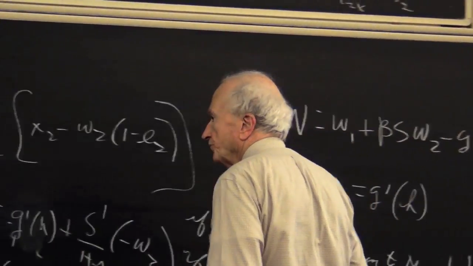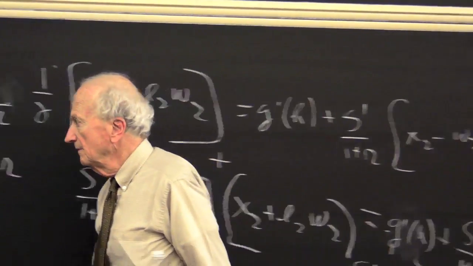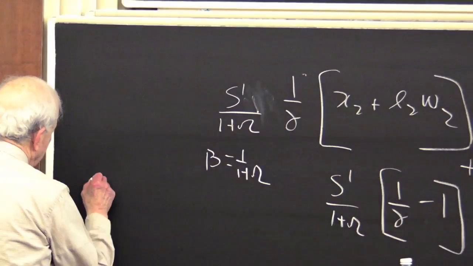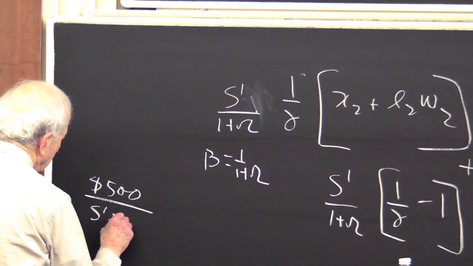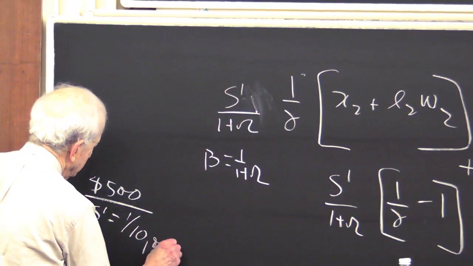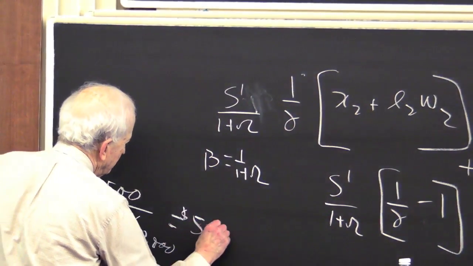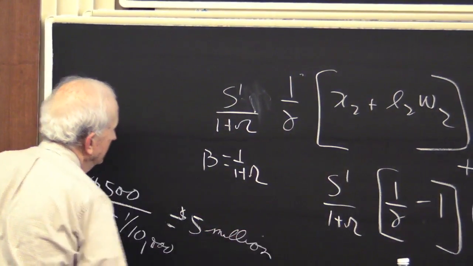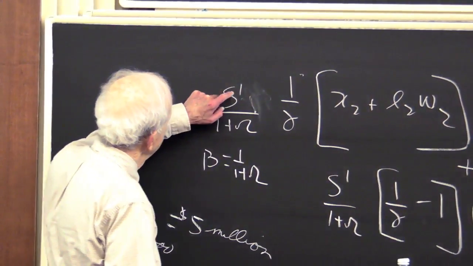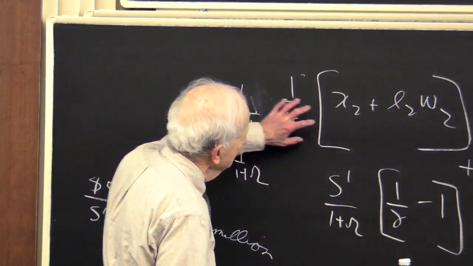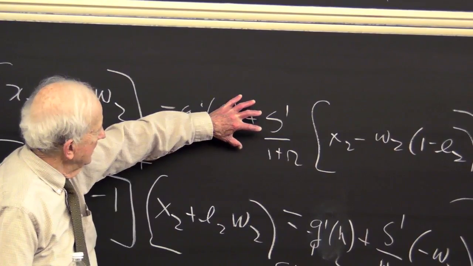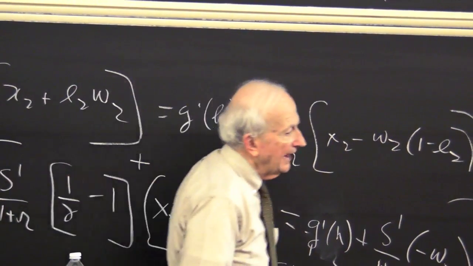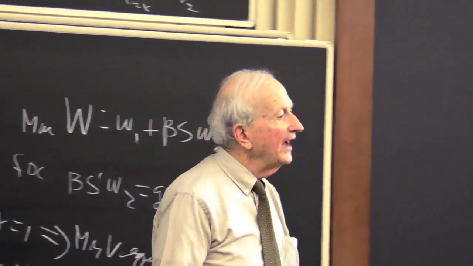But if you take $500, divided by the change in the probability, 1/10,000, that's equal to $5 million, right? So it's like taking S prime, changing it by 1/10,000, dividing it by this term on the right, and let's say the numerator is $500, and that divided by 1/10,000 is $5 million.